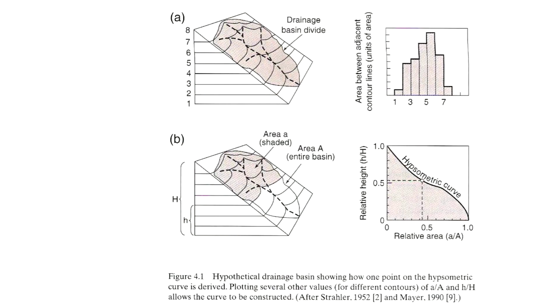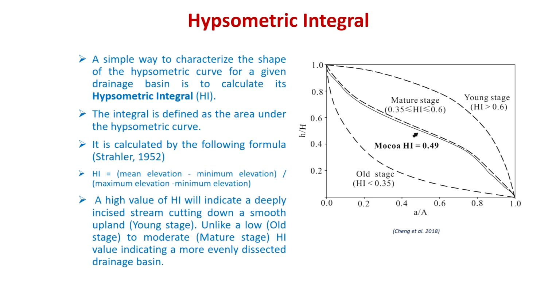Now, this is what we see in the curves. This type of curve will be generated where you will have the HI index, or HI values, and again we are plotting the relative height and relative area.